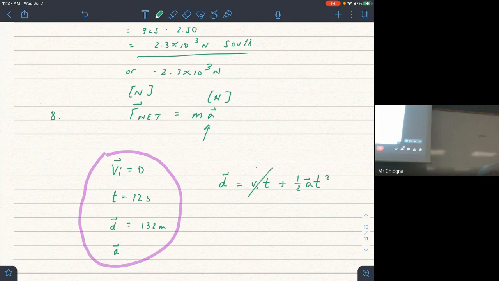The initial velocity is 0. 0 times anything is 0. I've dropped the vector notation. I've just used absolute value. I know my final direction is north.